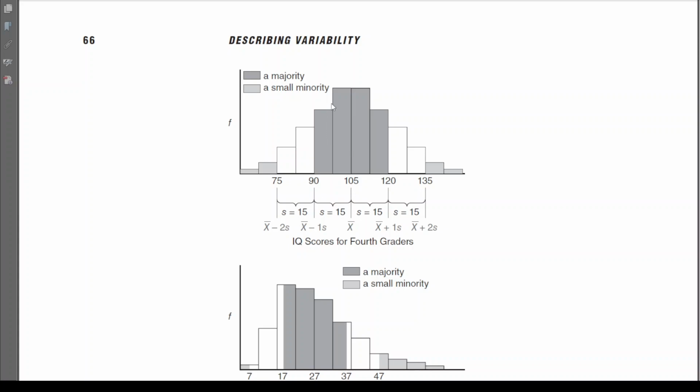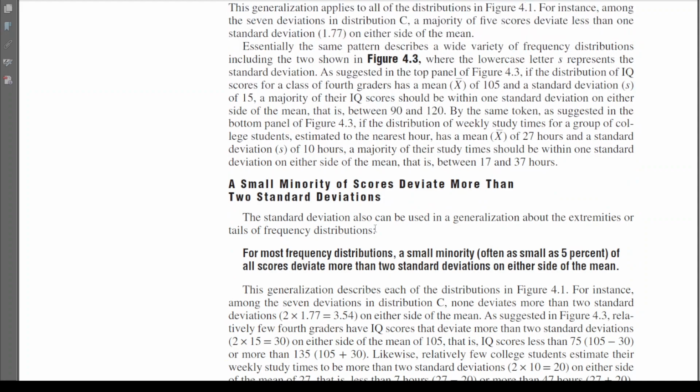So, a large majority of the values in this distribution will lie between x bar, or the mean, minus 1 standard deviation and x bar plus 1 standard deviation, or the mean plus 1 standard deviation.